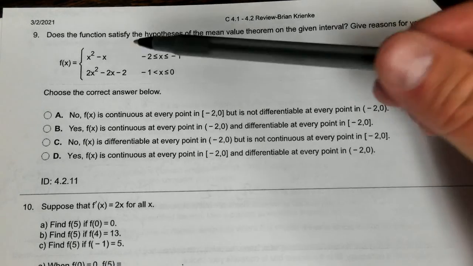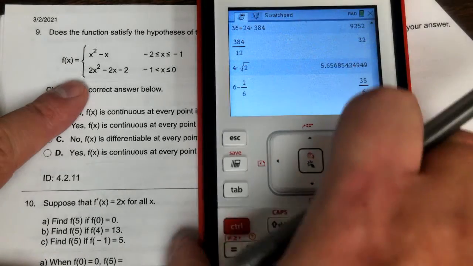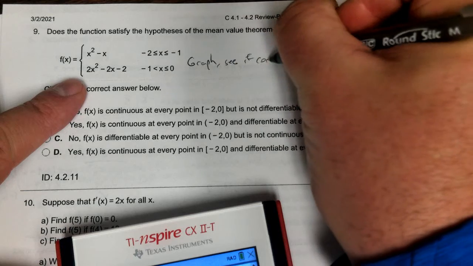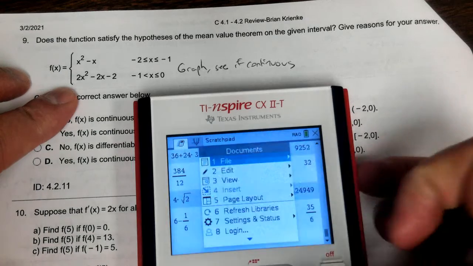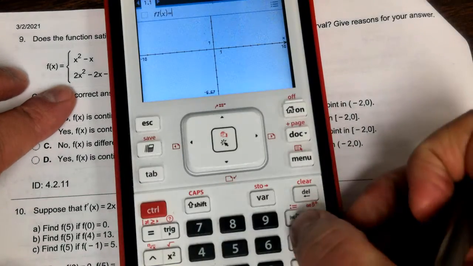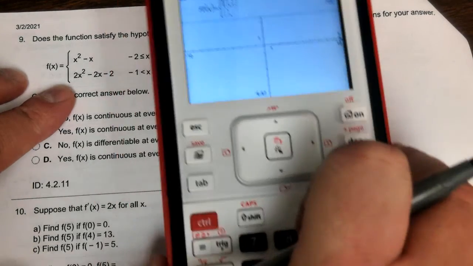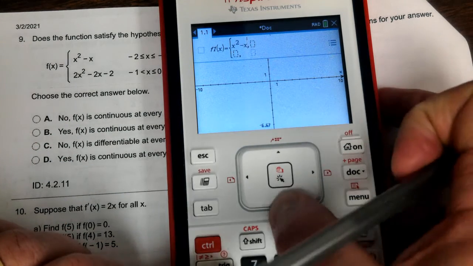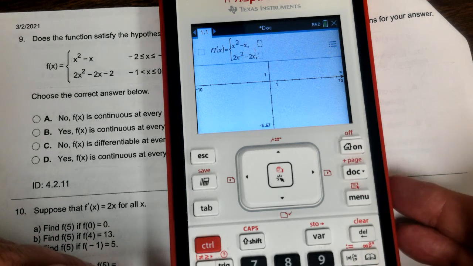On this one, you're going to want to graph and see if it's continuous. So basically we go to a piecewise function. So this to the right of the 9, and you have a 2 by 2. And this part is the x squared minus x, and this part is 2x squared minus 2x minus 2.